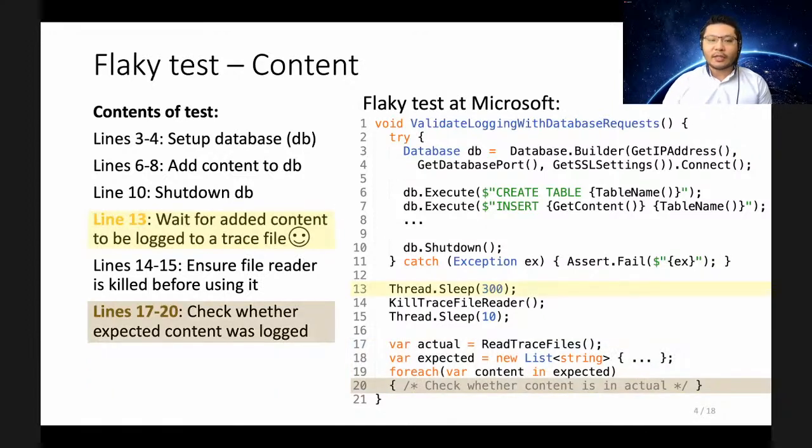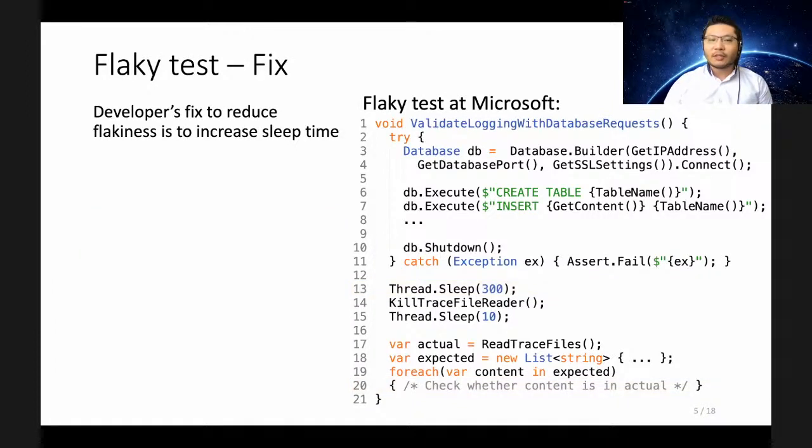It turns out it's very much related to line 13. Line 13 was meant to wait for some added content to be logged into the trace file. As the database executes, it logs some content into a trace file asynchronously. Then lines 17 to 20 check whether the content was logged.